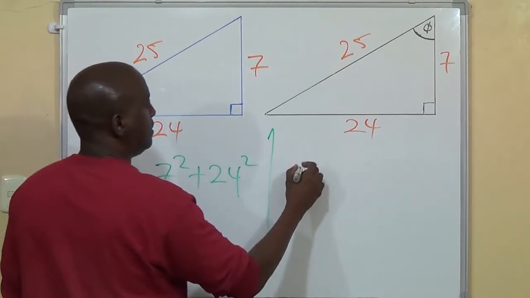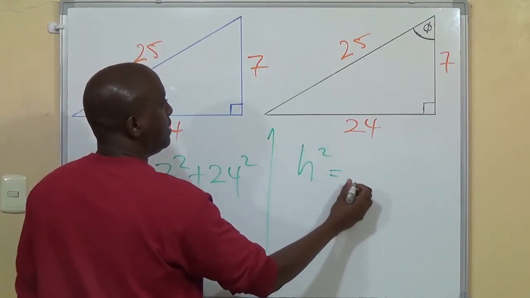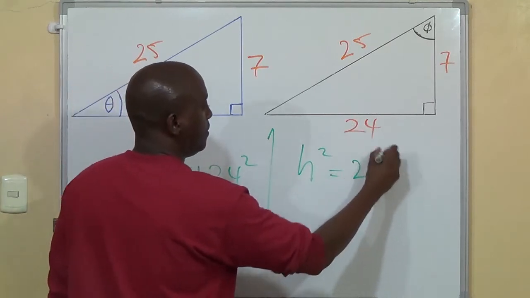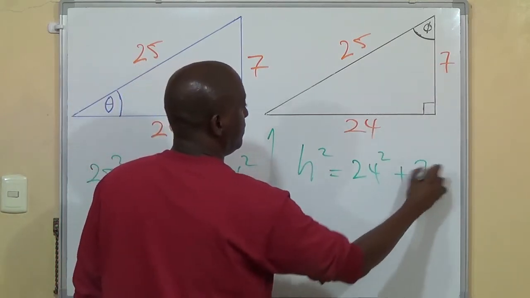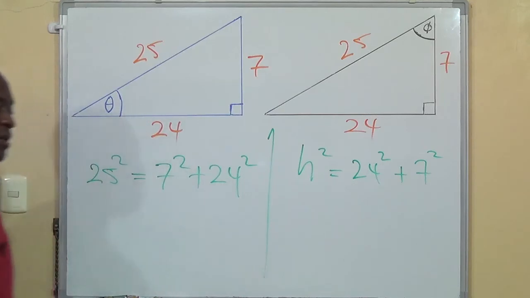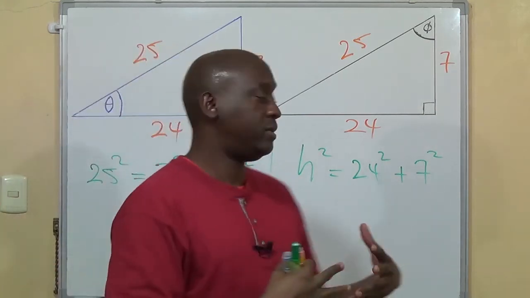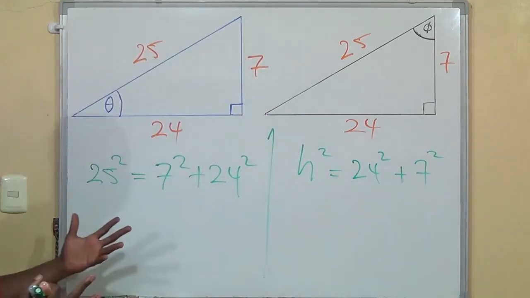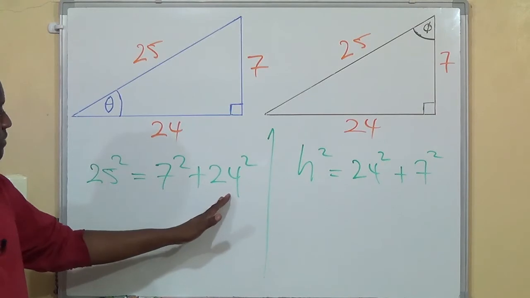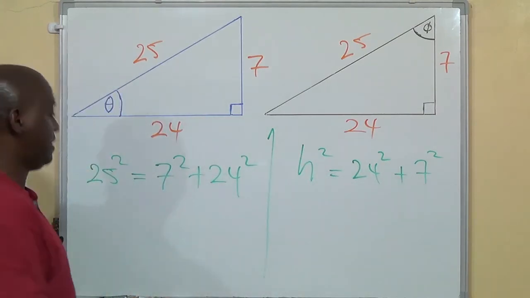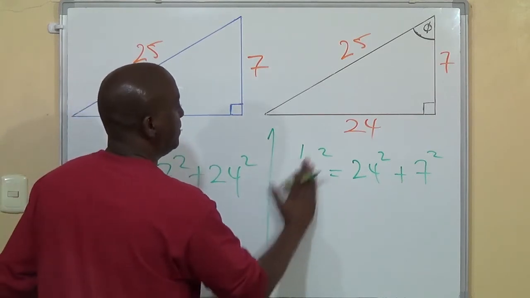On this side, your hypotenuse squared is still the same; in this case, the opposite is 24 and your adjacent is 7. Now, because the operation of addition is what we refer to as commutative, which is to say that the order doesn't matter, 7 squared plus 24 squared is the same thing as 24 squared plus 7 squared. This h here is supposed to be 25, by the way.